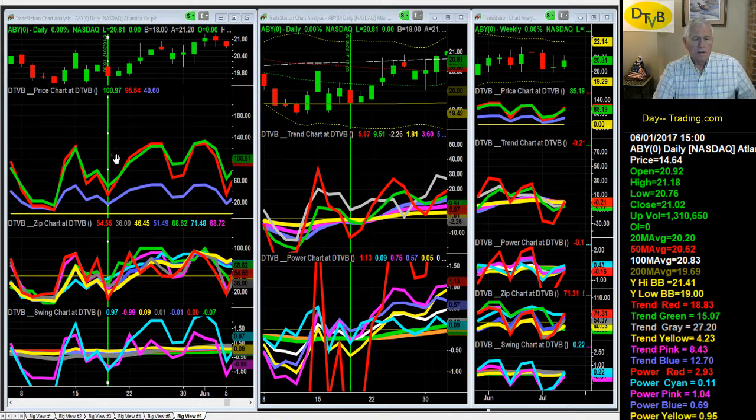And then the last one I'll point out on the vertical green line in the zip chart is that zip Zion is highest. And if you've studied gaps at all, you realize that many times gaps occur when zip Zion is highest.